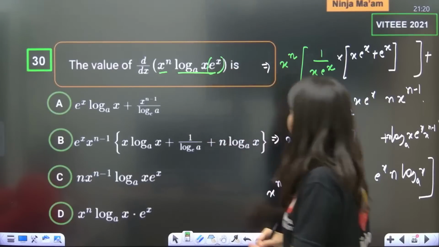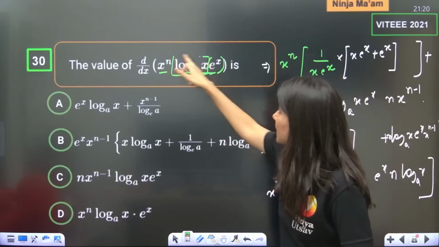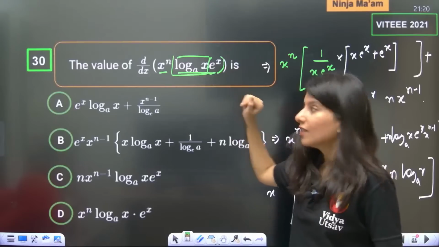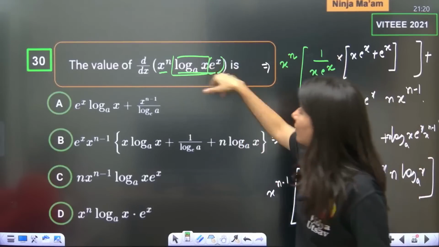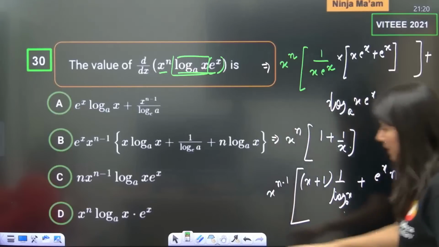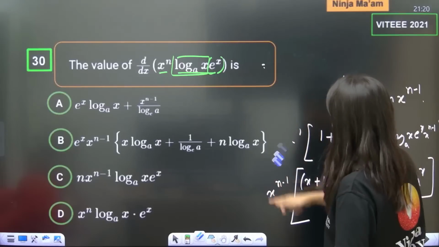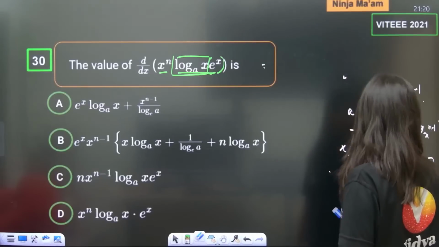Are you getting my point? This is not log of x into e power x. These are the three functions actually. So what I was thinking is log of x into e power x inside it. So yes, that is why this is an incorrect solution. Sorry, my dear students. So this is a major misprint, I think.